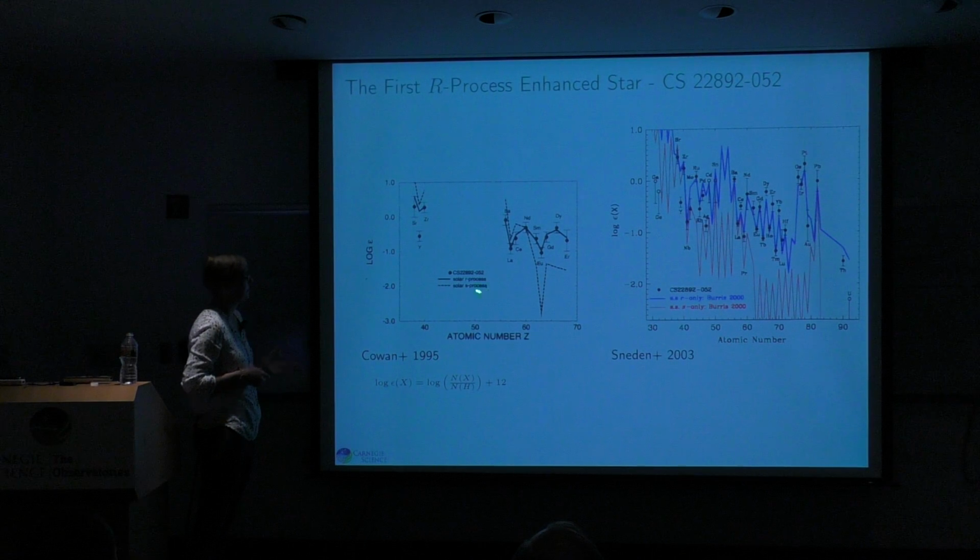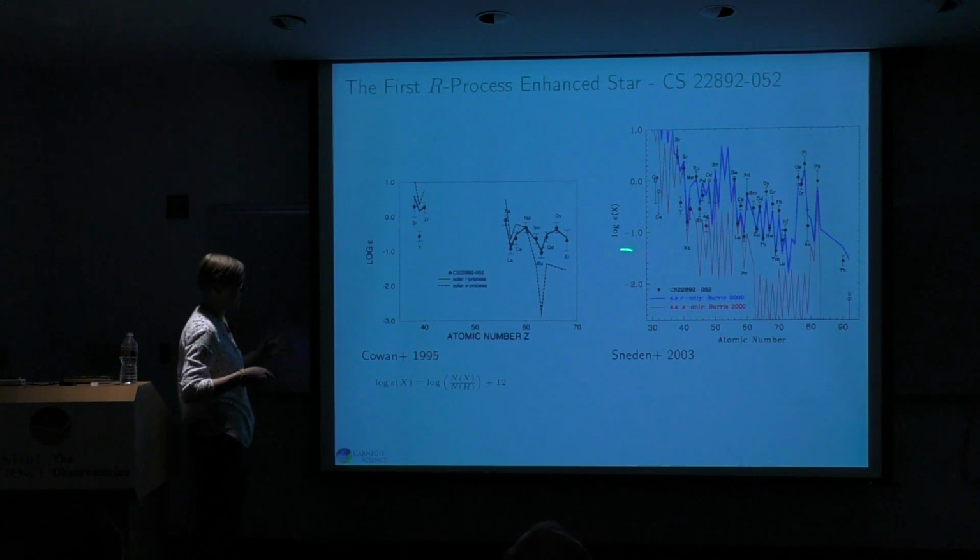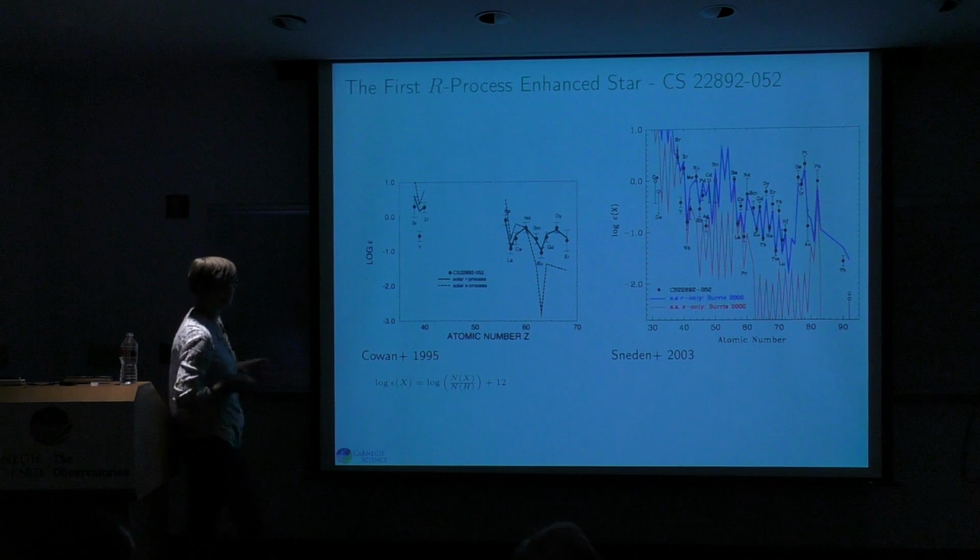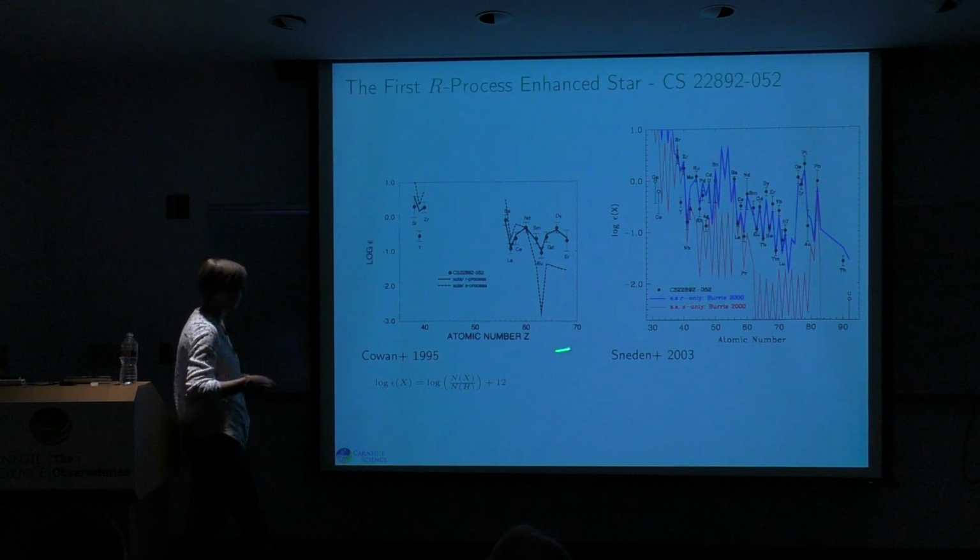So when people derive the abundances from this star, and you're going to see a lot of these plots, we have the absolute abundances on the x-axis, we have the atomic number on the y-axis, and then we have the solar system R process abundance pattern, which is the solid line, and we have the solar system S process abundance pattern, which is the dashed line.